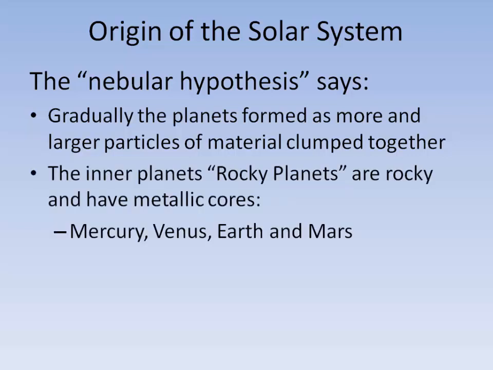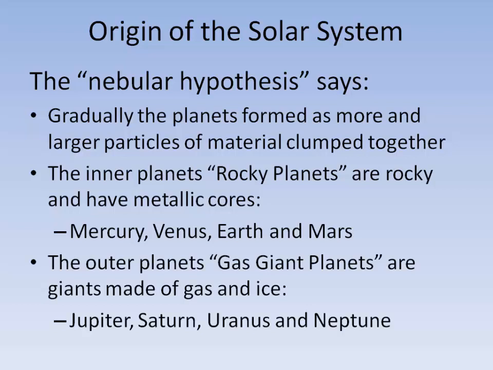The inner part of the nebula, where it was warmer and rock and metal dust was more common, you ended up with the rocky planets, the inner planets called Mercury, Venus, Earth, and Mars. The outer parts of that disk, where gas and ice were more common, formed what are called the gas giant planets, the outer planets, and those are Jupiter, Saturn, Uranus, and Neptune.